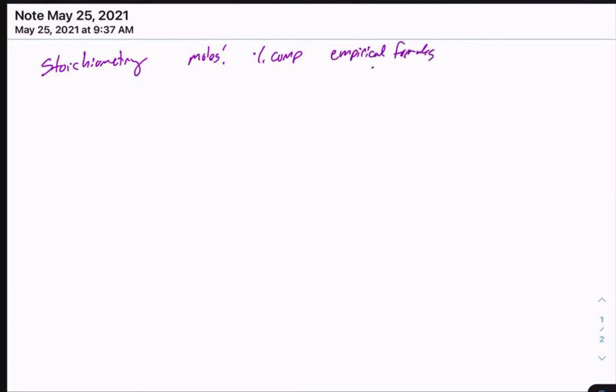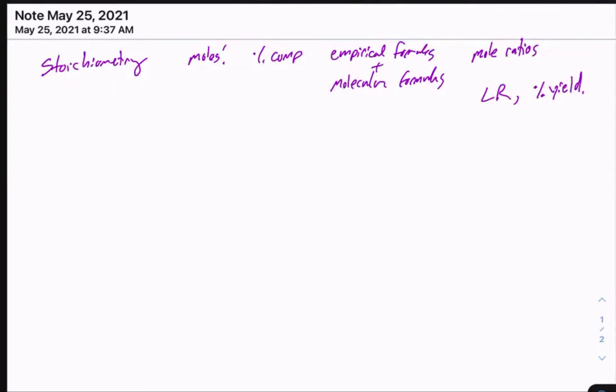That was also in tandem with molecular formulas. And then we taught you how to use mole ratios, like in balanced equations, which we have constantly used since then, so we're not going to spend too much time with that. And then, of course, limiting reactant problems and percent yield problems.